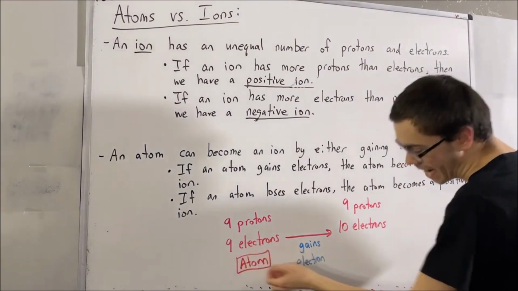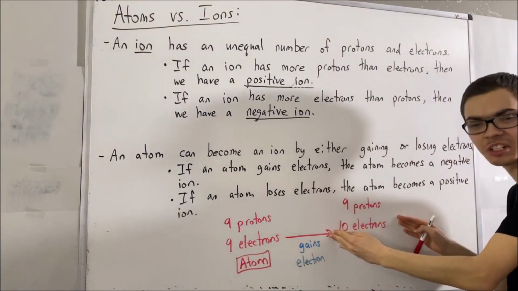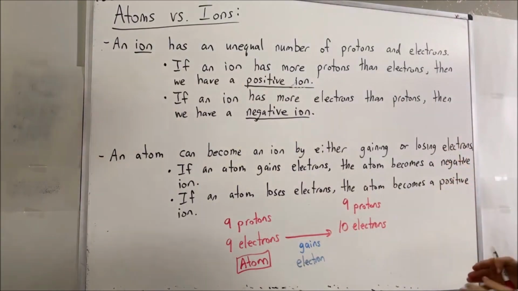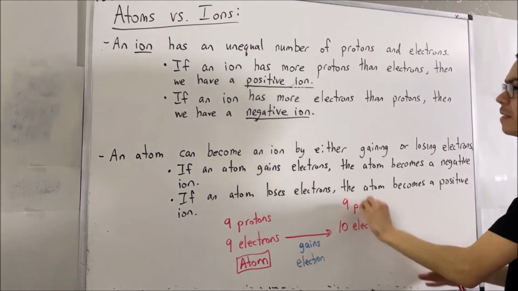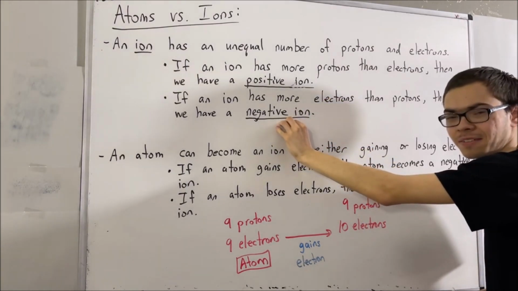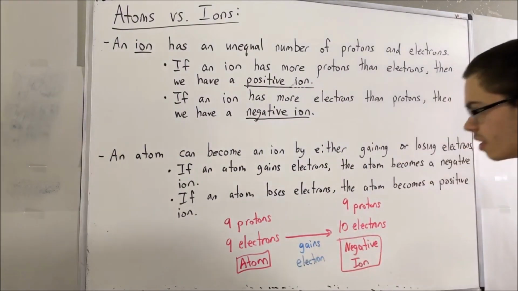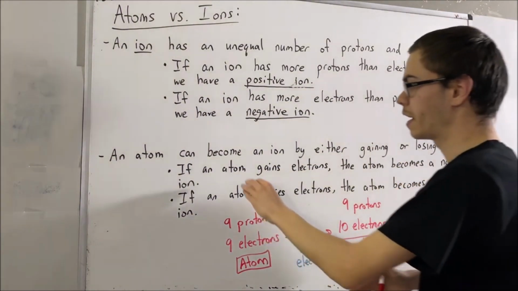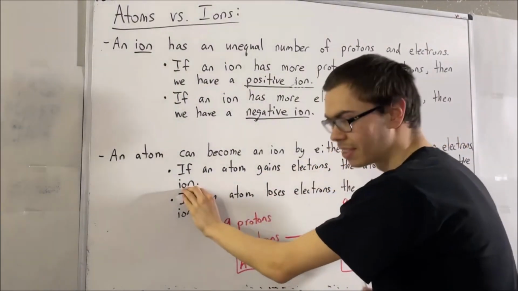Well, after gaining an electron, now we have an unequal number of protons and electrons. More specifically, we have more electrons than protons. So that means we must have a negative ion. And so this explains why if an atom gains an electron, then we become a negative ion.